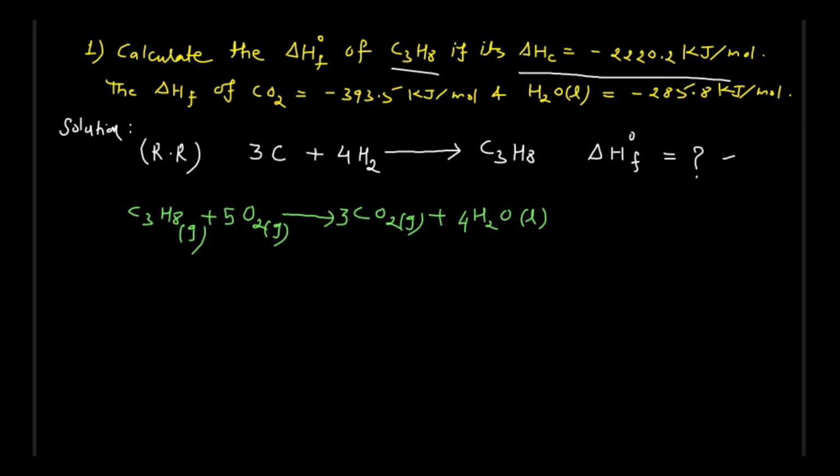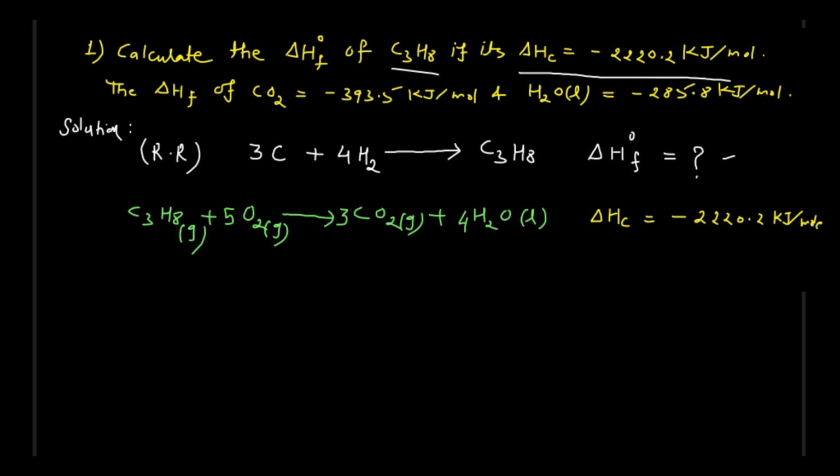And for this combustion you have been given the value delta HC, and the value is negative 2220.2 kilojoule per mole. Now your next reaction is the heat of formation of carbon dioxide. How can we form carbon dioxide?